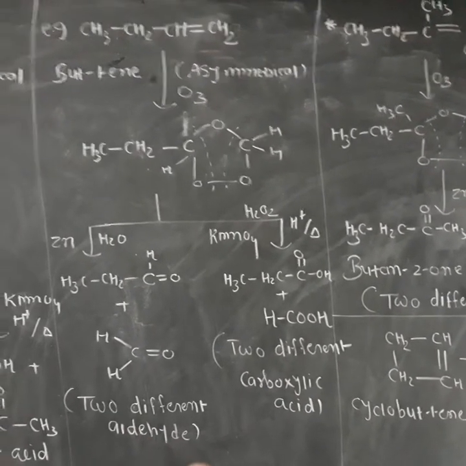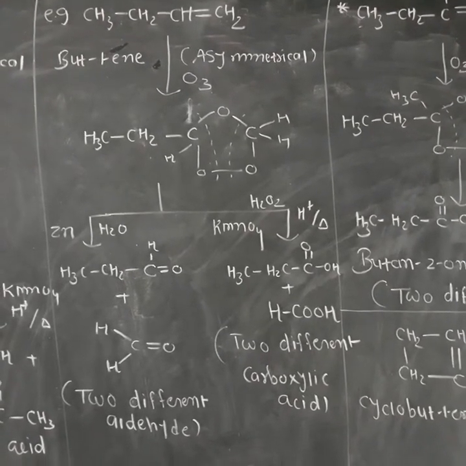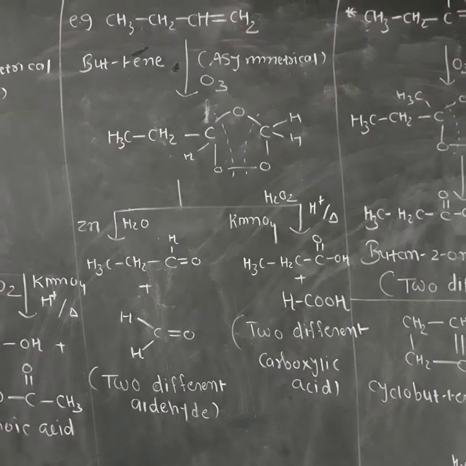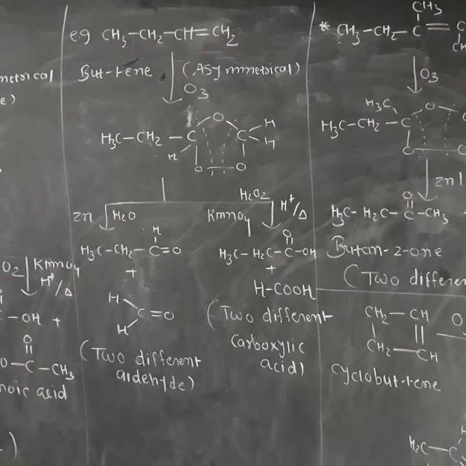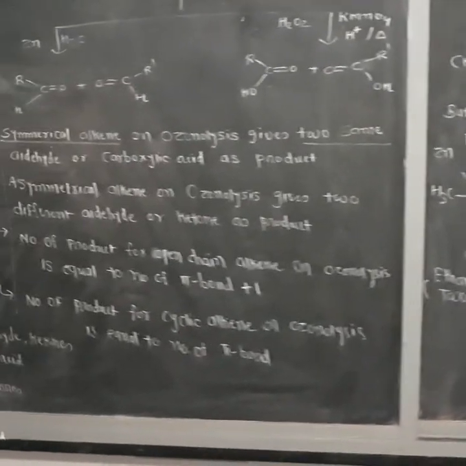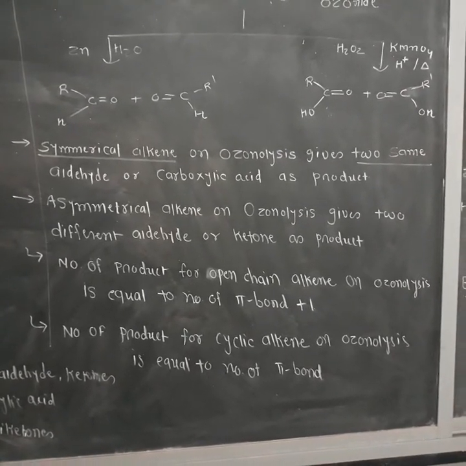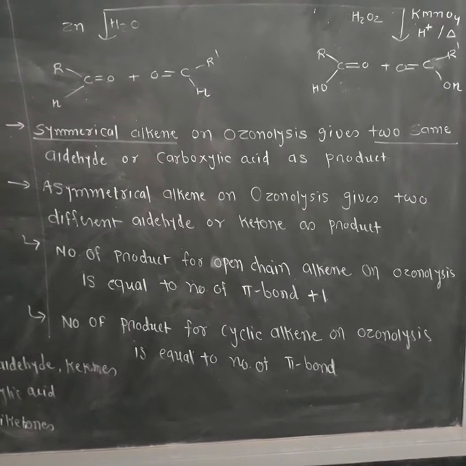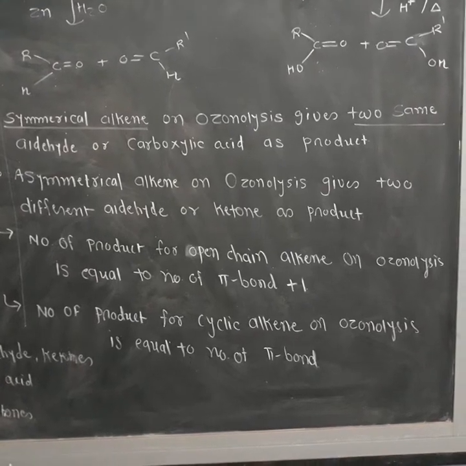But if instead of zinc and H2O we use H2O2, or KMnO4 and H plus with heating, then we will get propanoic acid and methanoic acid as products. Because it is an asymmetrical alkene, it gives two different products. So again, symmetrical alkene on ozonolysis gives two same aldehydes or carboxylic acids, whereas asymmetrical alkene on ozonolysis gives two different aldehydes or ketones as products.